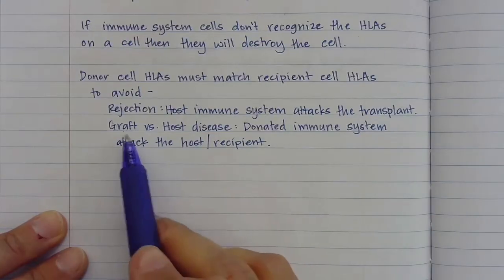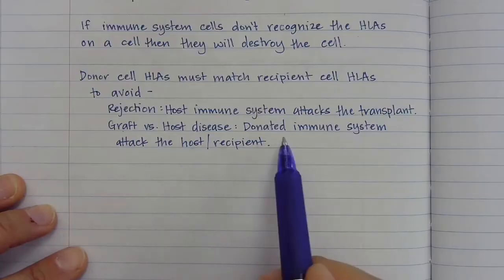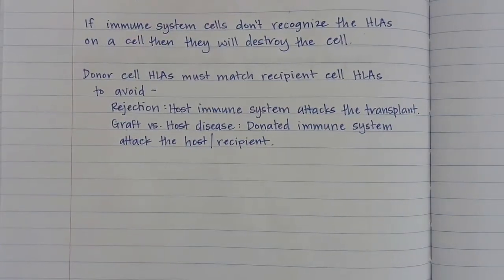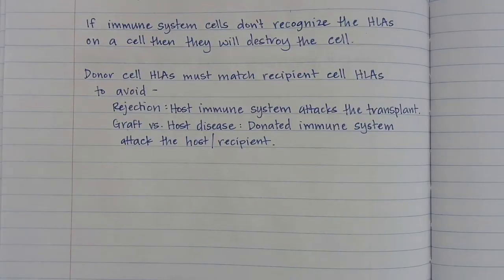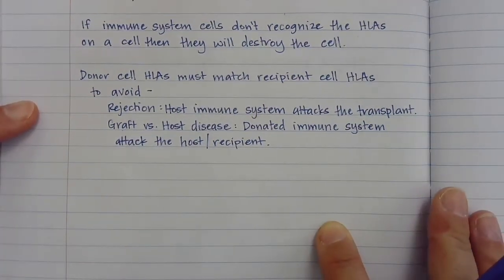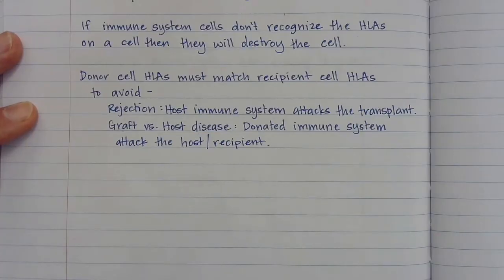Now, graft versus host disease is going to cause a lot of problems because these donated immune system cells, if they don't recognize the host's HLAs, then what that means is that every cell in the recipient's body is open to attack because all of those host cells are going to have those HLAs that the immune system is going to recognize as bad, and it's going to try and destroy them.